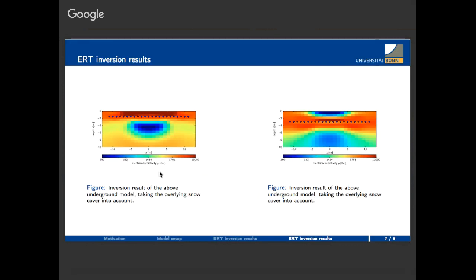This is a snow cover of 3 meters, and this is 1.5 meters. On the right-hand side, you see a mirroring effect, because the electrodes just measure one signal, and the electrode cannot know from which direction it comes, so it puts it up and down, in both directions.